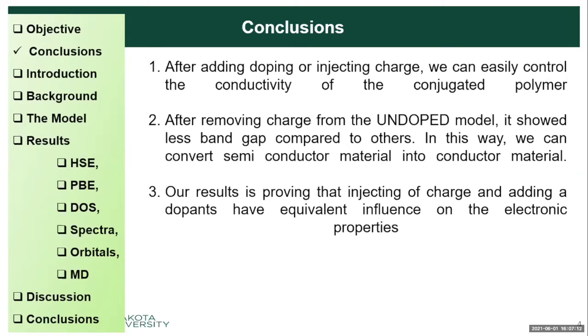After comparing all the results, we can say that after removing charge from the undoped model, the model showed a smaller band gap compared to the others. That means the material behaves like a more conductive material. And also we prove, as I will show later, that injecting charge and adding dopant have an equivalent influence on the electronic properties. Their results are more or less the same.